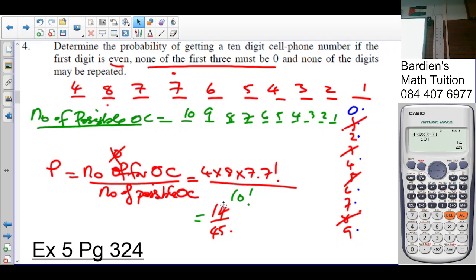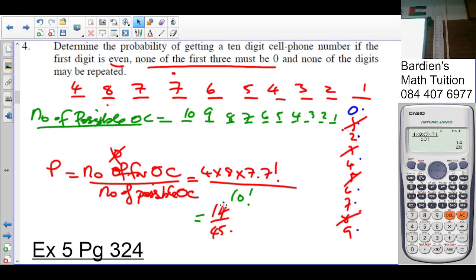So I would have said, determine the probability, given a 10-digit code, the digits may not be repeated, and then I would have said the condition.